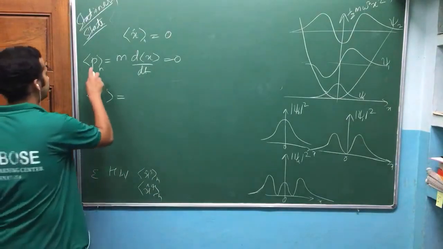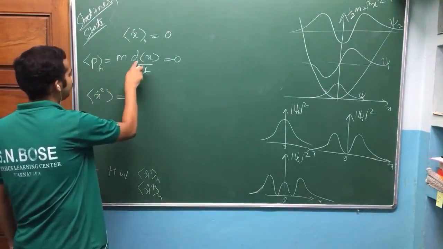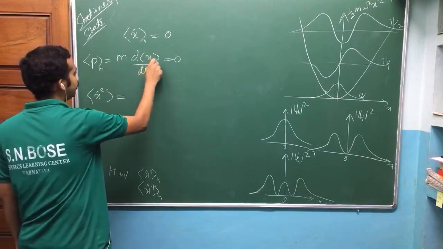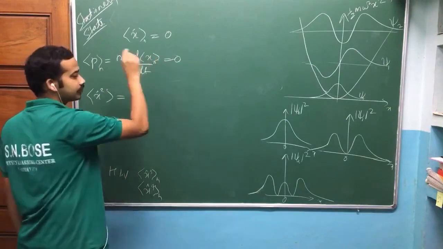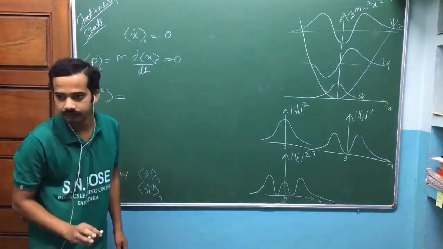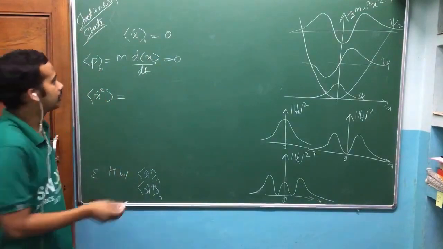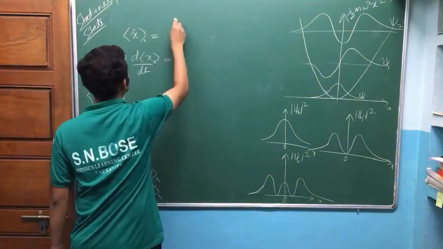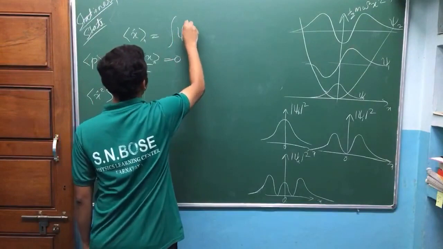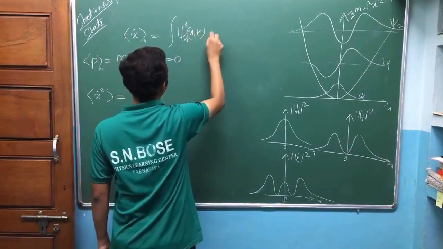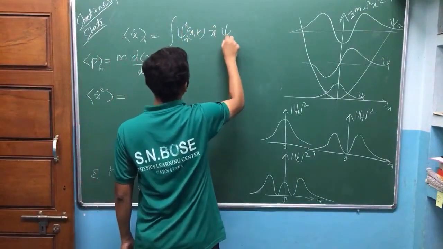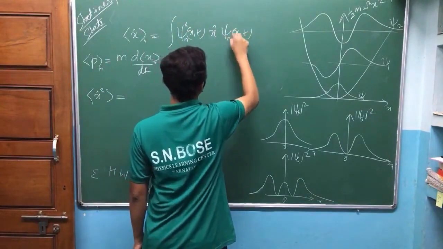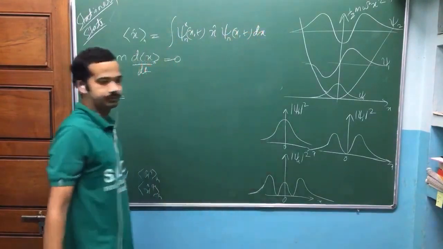Remember, you can use expectation p is equal to m d expectation x by dt, if you found expectation x from the time dependent wave function. Are you getting my point? So now look at here. What I do here is I'll write it as integral psi n star (x, t) x cap psi n (x, t) dx.